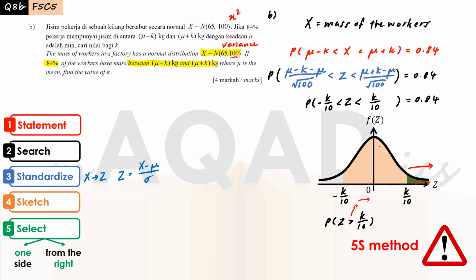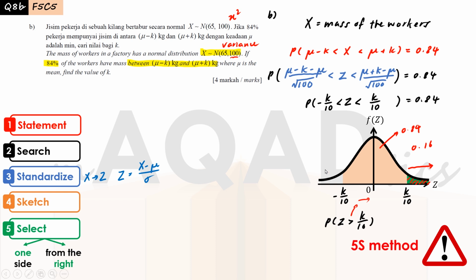Okay, and for the probability part, we can actually calculate. Because this orange part is 0.84, the other two areas together will be 1 minus this value, which is 0.16. Because this graph is symmetric, and if we don't care about the positive and negative, these two areas are actually the same.